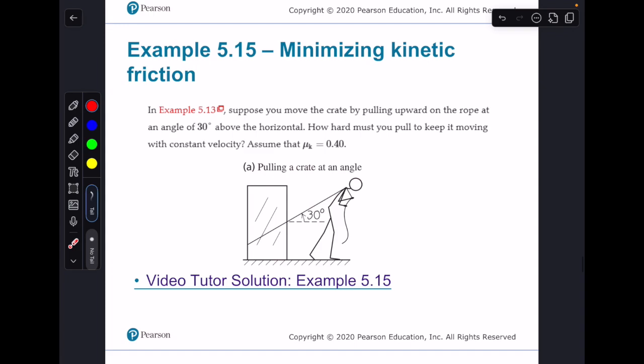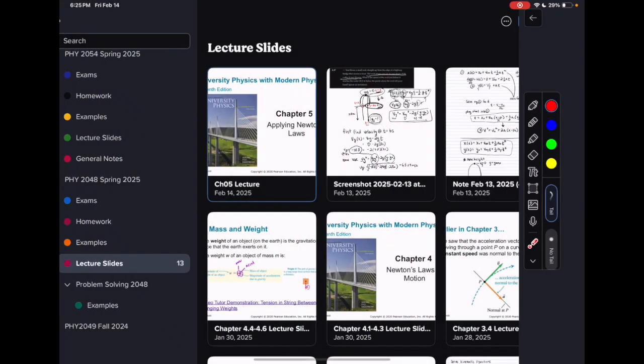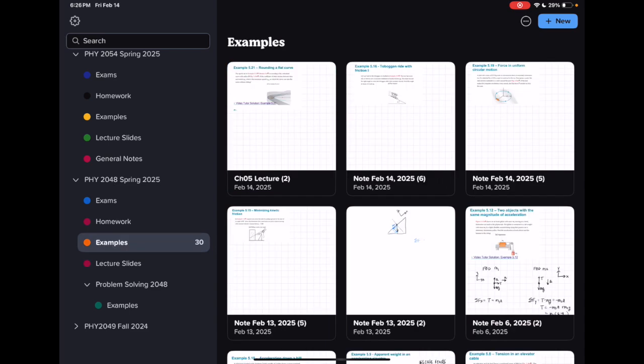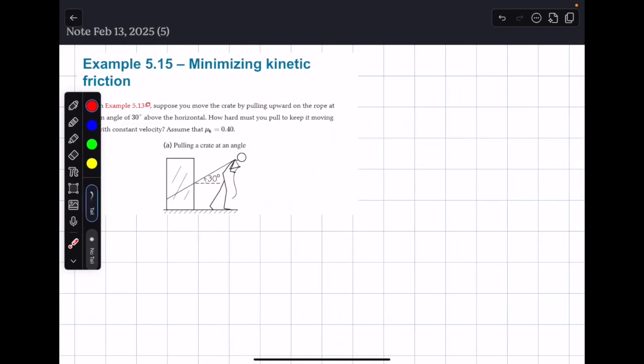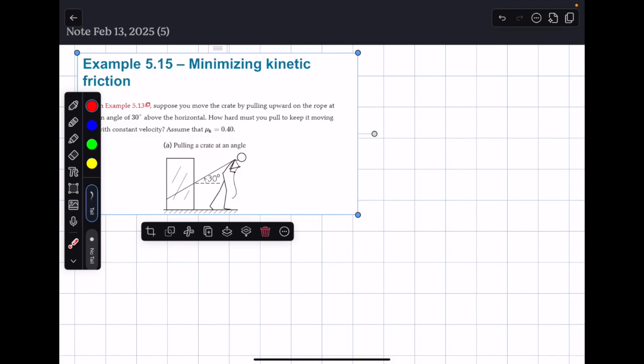So let's do this example, and we're going to see something happen in the y direction. The normal force is not always going to be equal to the weight, and this example is going to illustrate that. So let me jump over to another screen here where we can work out example 515.